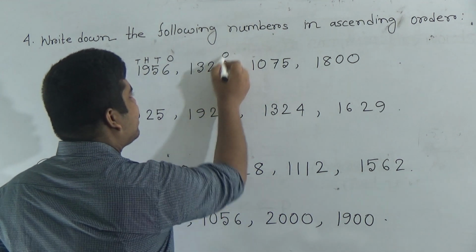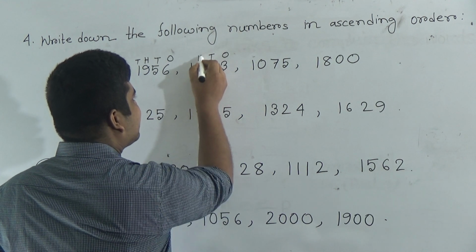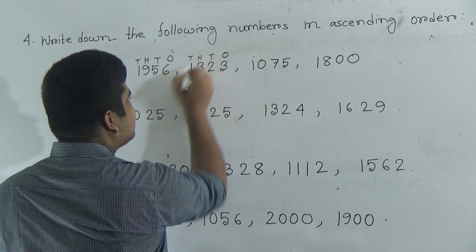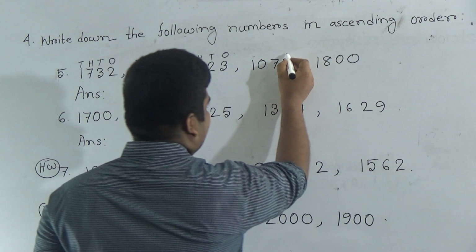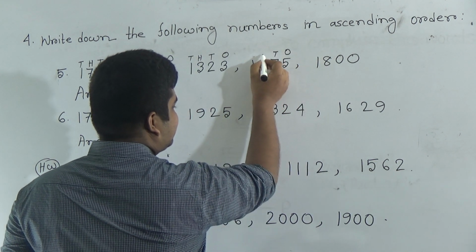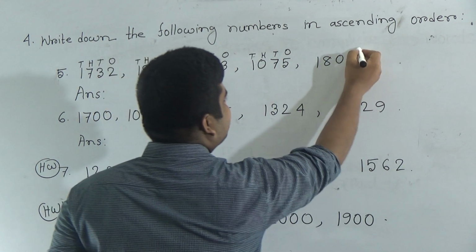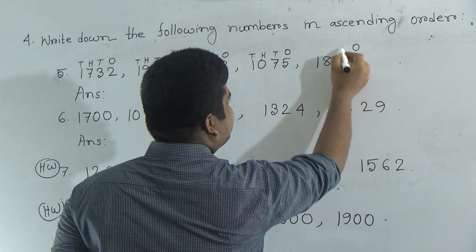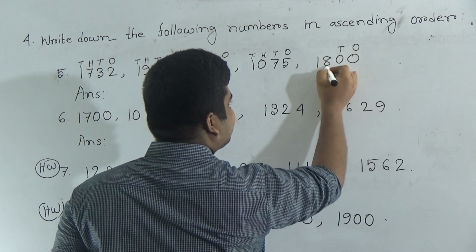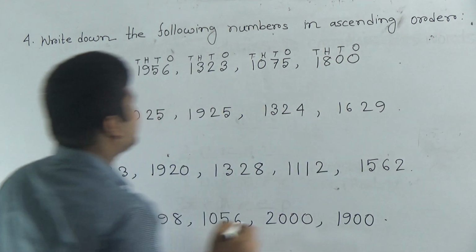Again 3 is in the ones place, 2 in the tens place, 3 in the hundreds place and 1 in the thousands place. Similarly, 5 is in the ones place, 7 in the tens place, 0 in the hundreds place and 1 in the thousands place. Again 0 is in the ones place, 0 in the tens place, 8 in the hundreds place and 1 in the thousands place.